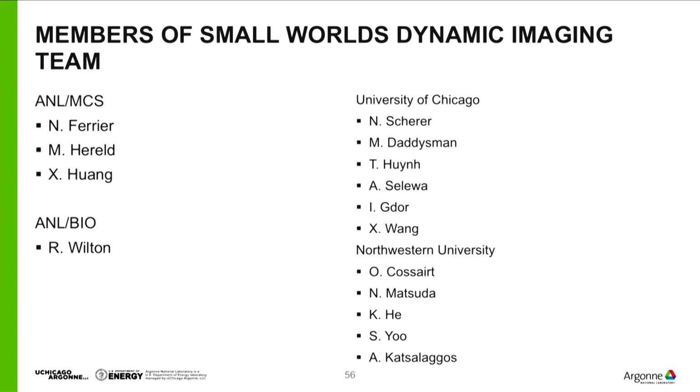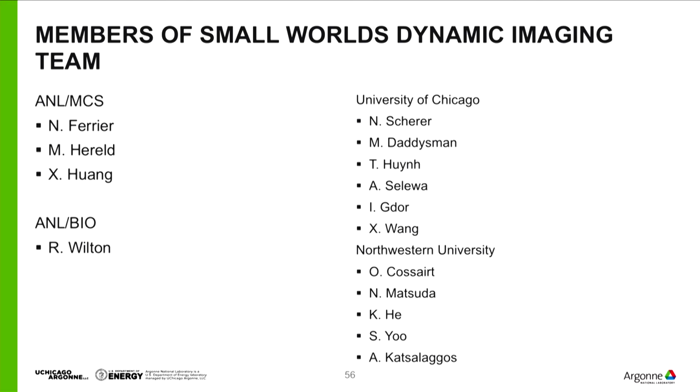Okay, I'm one person. This is a team of many. So there's a lot of people that have worked on this project from various aspects. Mark and Sean and I are the MCS people that have done the algorithmic development and methods for the 3D reconstruction. We also work with Ali Kosert and Agalos Katsalagos at Northwestern on some of the algorithmic work, and Nathan, Kwan, and Andrew are 3 students that have worked with them.